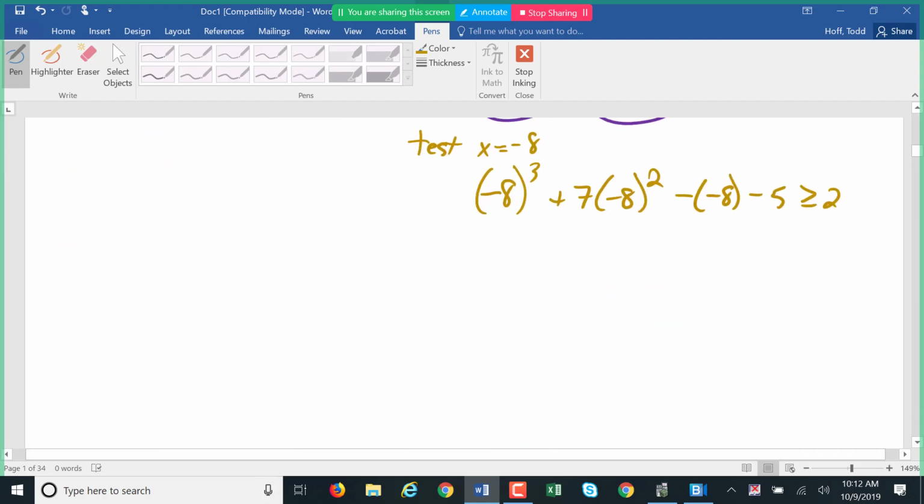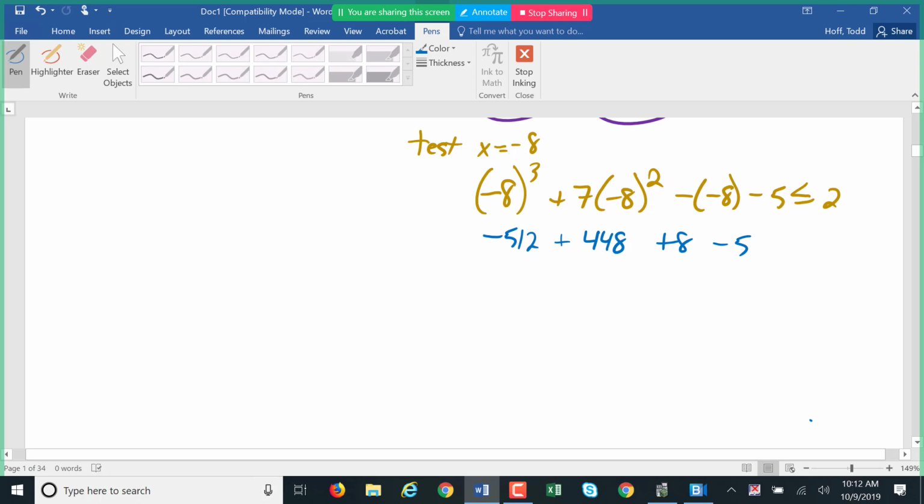Gotta get everything right. So as I test this, -8 cubed is a -512. -8 squared is 64 times 7 is 448. -8 is a +8, and then minus 5.